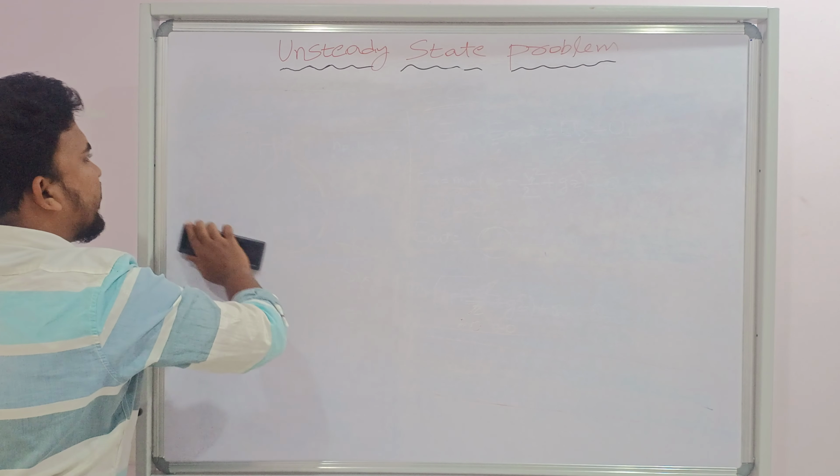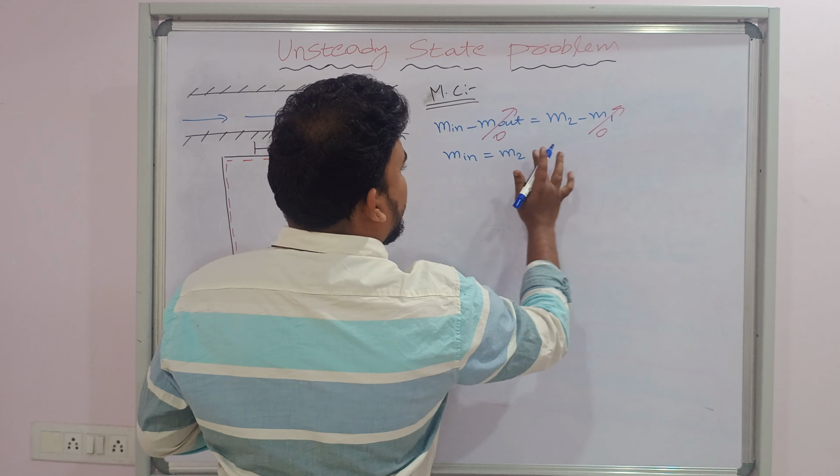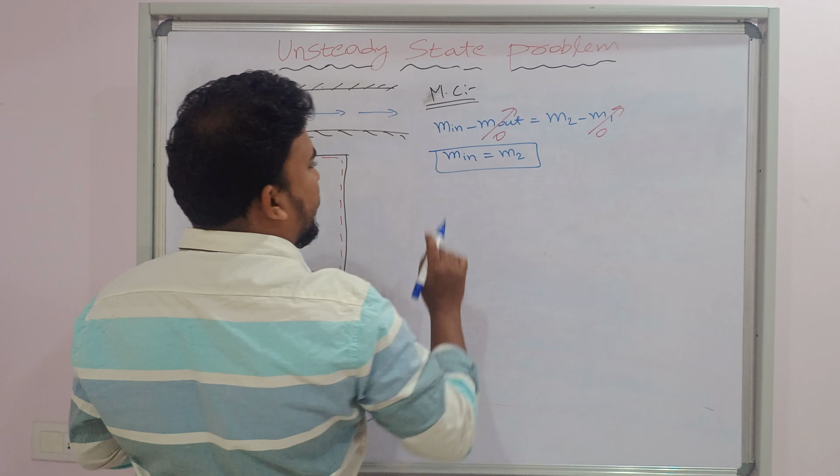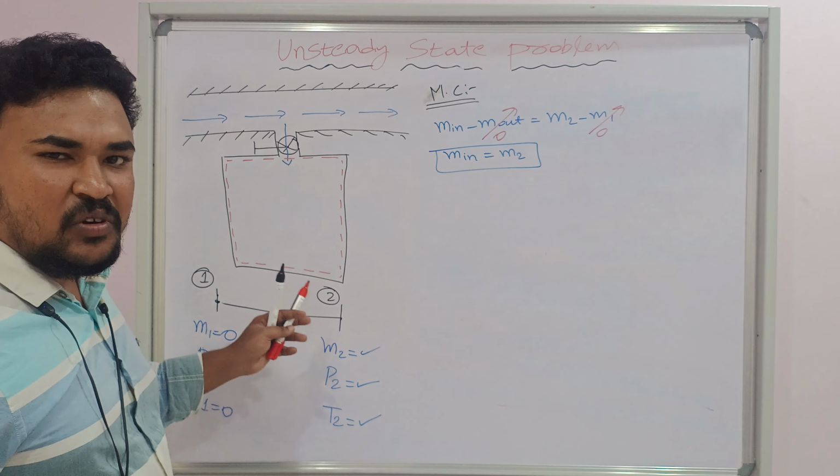Initially m1 is also 0, I forgot to tell you here. So this term is not there. Whatever mass is entering is the final mass of the system. Mass conservation is over. Simple. This type of question only will come. And energy conservation.